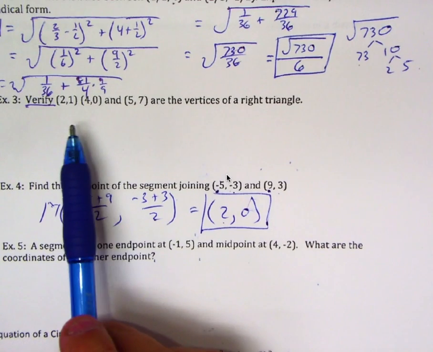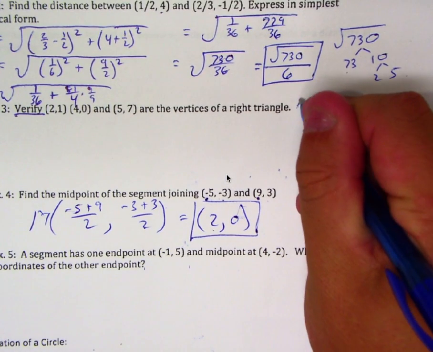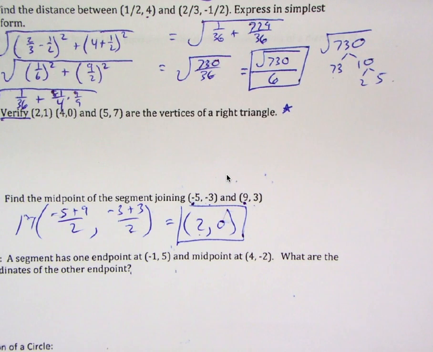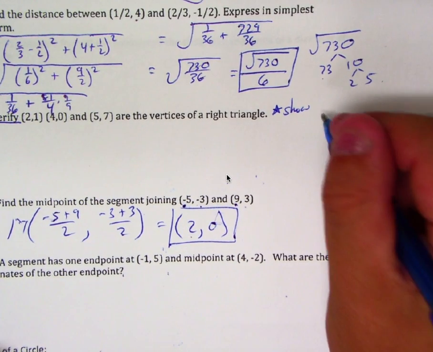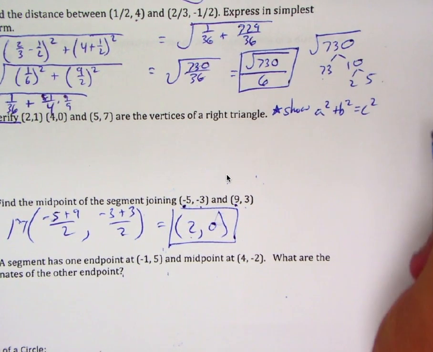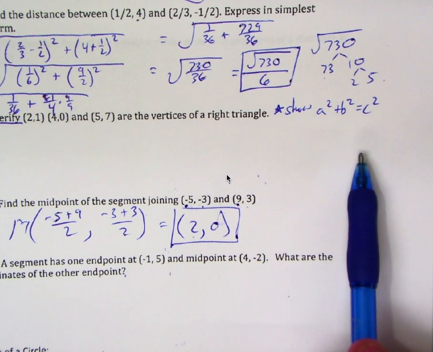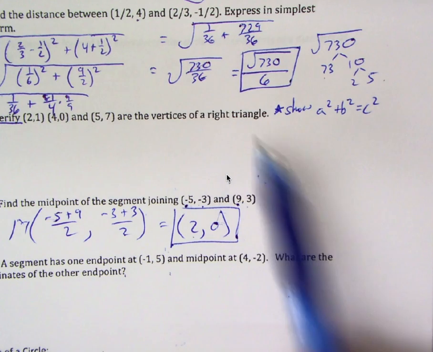So to prove that these 3 ordered pairs form a right triangle, we have to show that the Pythagorean theorem holds true. We need to show that a squared plus b squared equals c squared, that when we find the side lengths they satisfy the Pythagorean theorem. And that proves that it forms a right triangle.